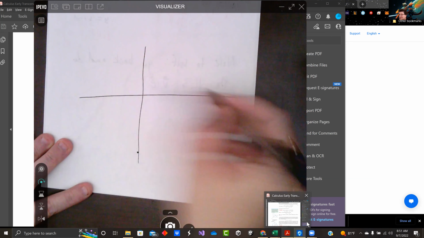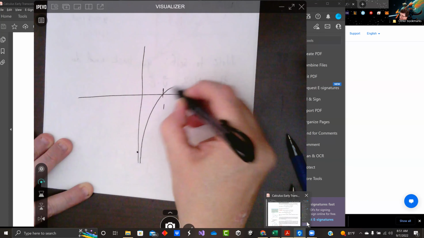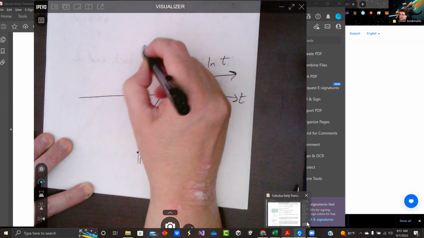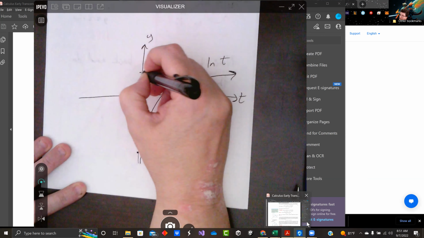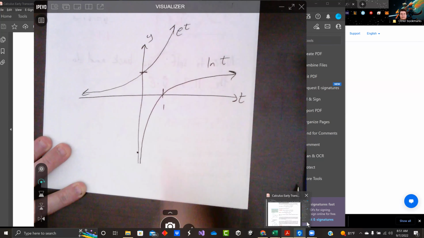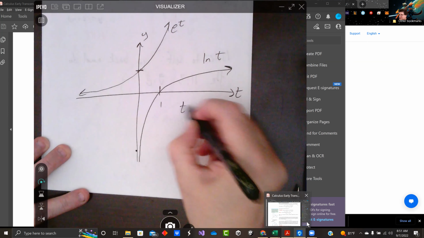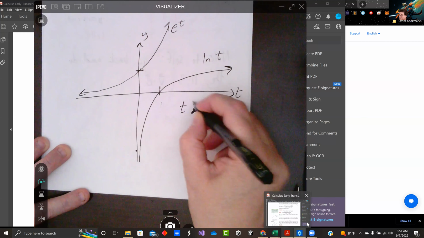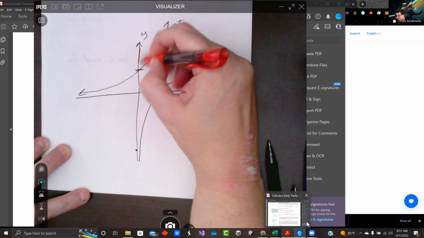Can it be positive? What can I do? That is the graph of the natural log of t if I make this t and this y. It's the inverse relationship of e to the t, which goes like that. So this restriction is t is strictly greater than, not greater than or equal to, greater than 0. The y-axis acts as an asymptote on that.